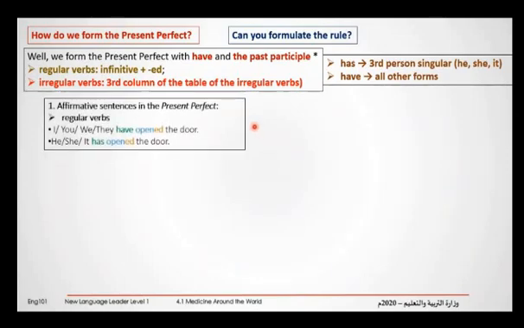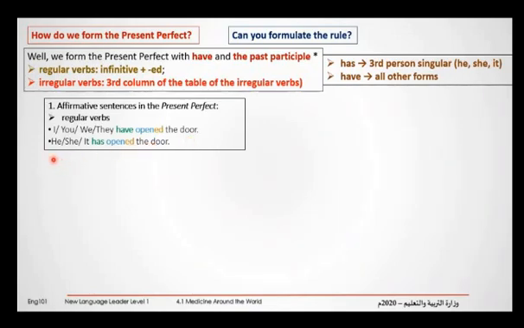Now, what about the affirmative sentence in the present perfect for regular verbs? Let's look at the examples. You can say I, you, we, or they have opened the door.